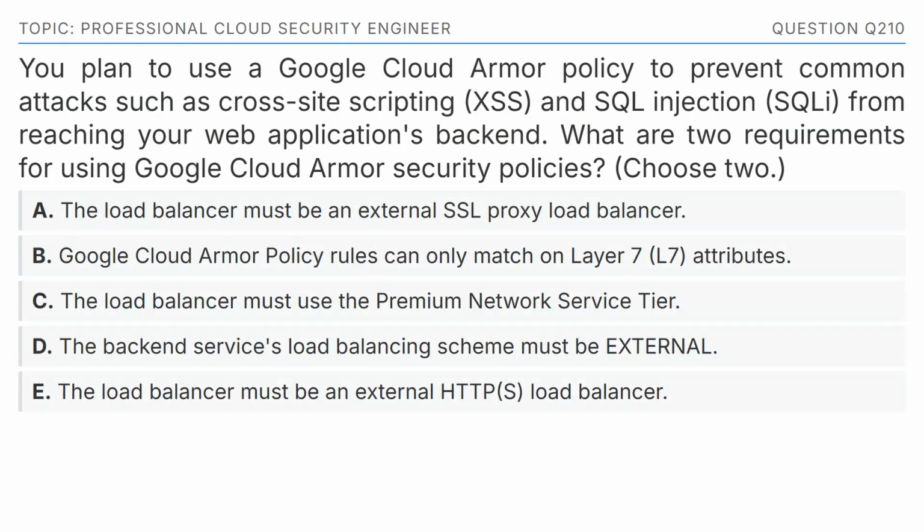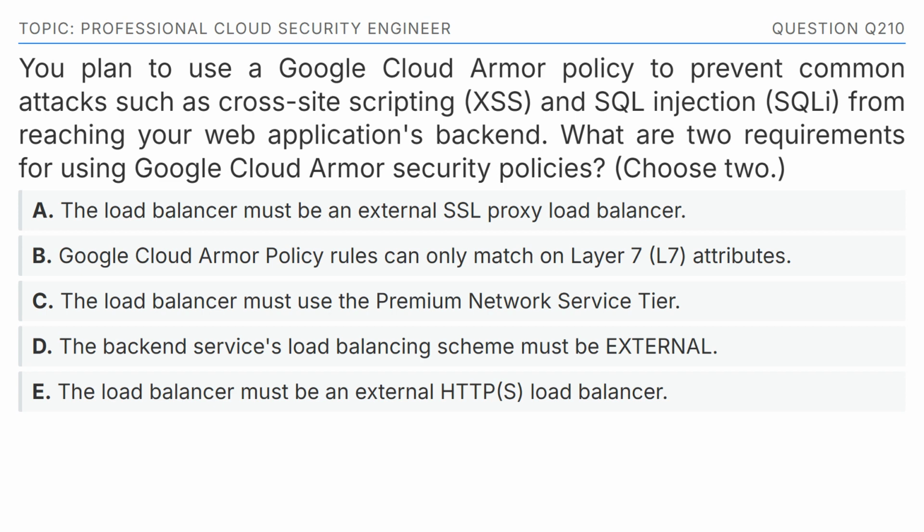You plan to use a Google Cloud Armor policy to prevent common attacks such as cross-site scripting, XSS, and SQL injection, SQLi, from reaching your web application's backend. What are 2 requirements for using Google Cloud Armor security policies? Choose 2. The options are: Option A, the load balancer must be an external SSL proxy load balancer.